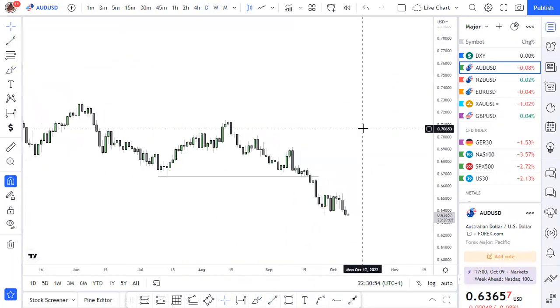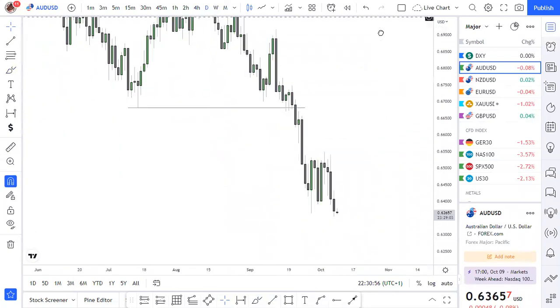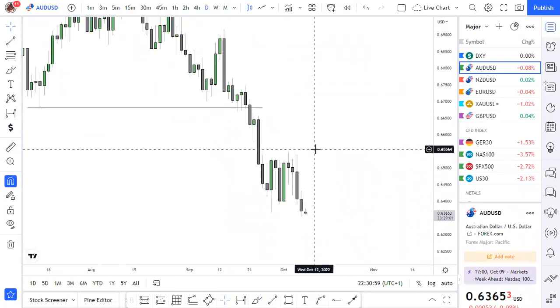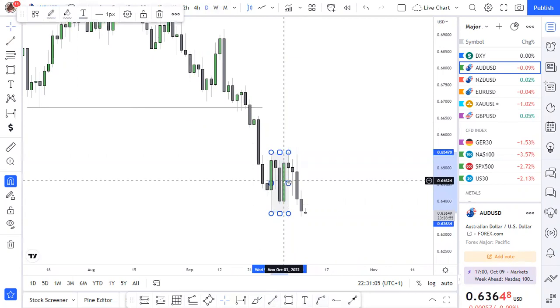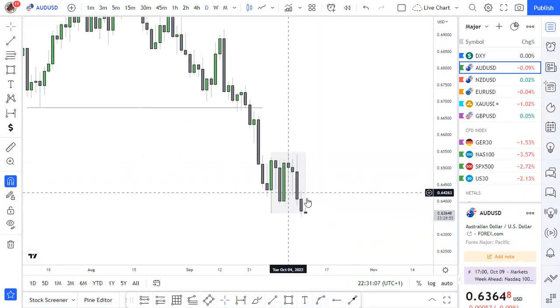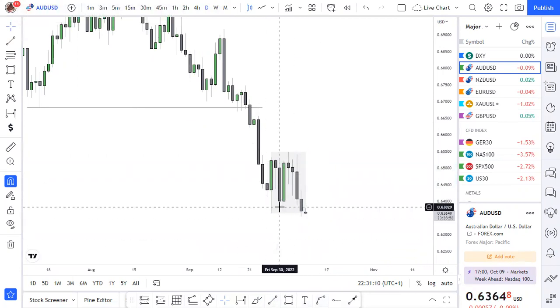Daily time frame here, we didn't really get much pullback, but price is kind of ranging within this high and this low. We don't really have much on the Australian dollar.